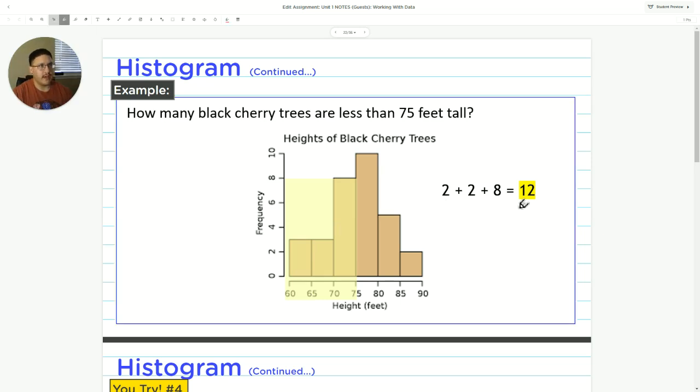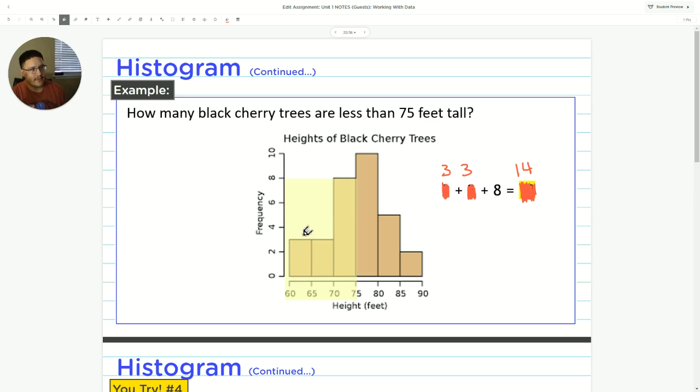Yeah, so that's a mistake. So that should be 3 plus 3 plus 8. So 8, 9, 10, 11, 12, 13, 14. 14 should be that answer, but again, let me explain.